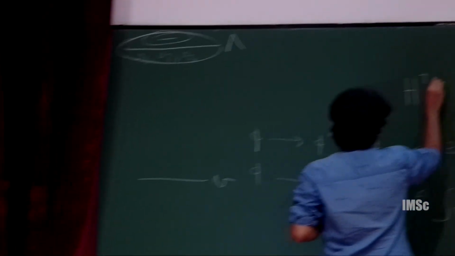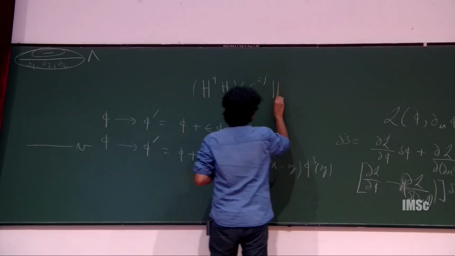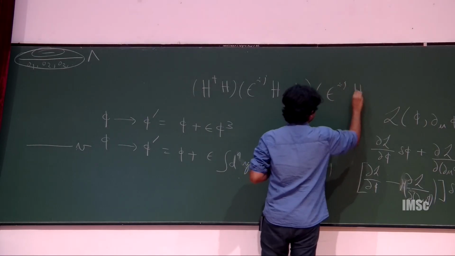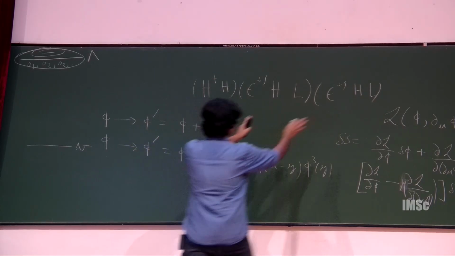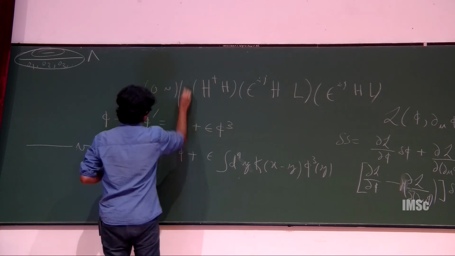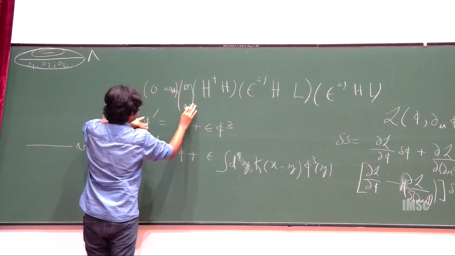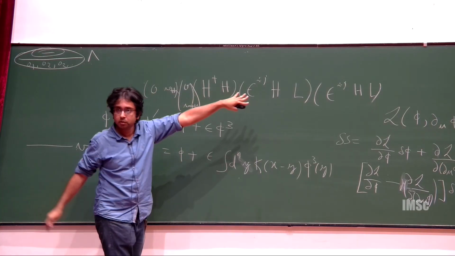If I have a dimension 7 operator, I'll be able to write it as, say, H dagger H times epsilon ij H L epsilon ij H L. This is what I write, and after spontaneous symmetry breaking we'll also get a V squared times this mass.